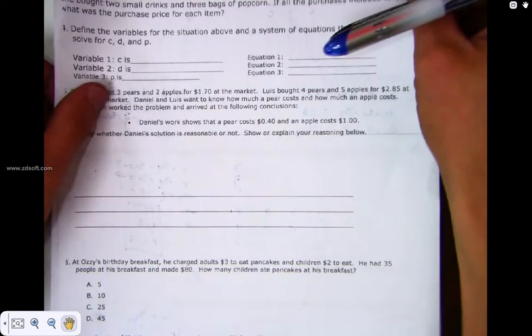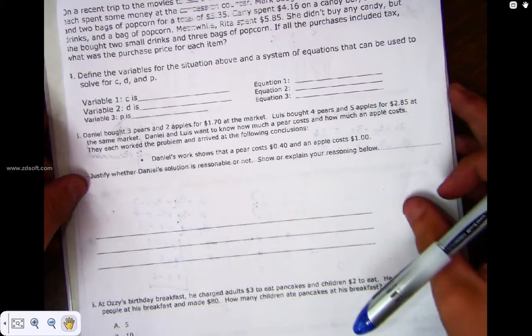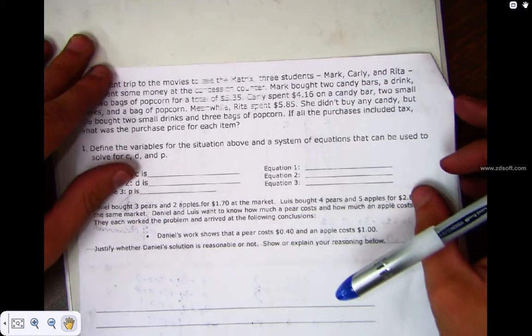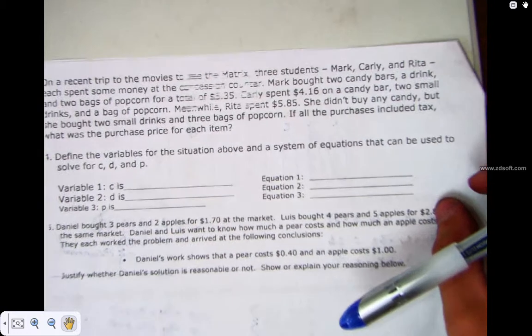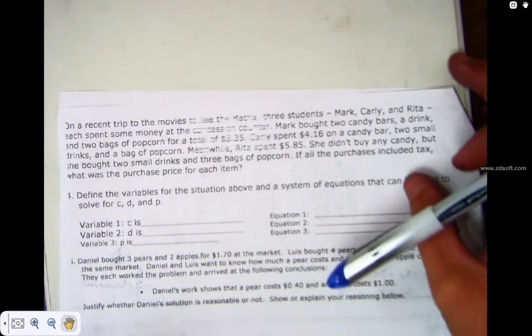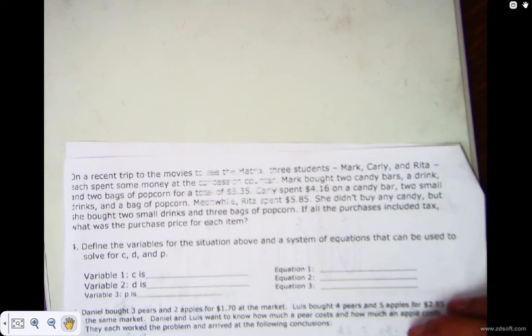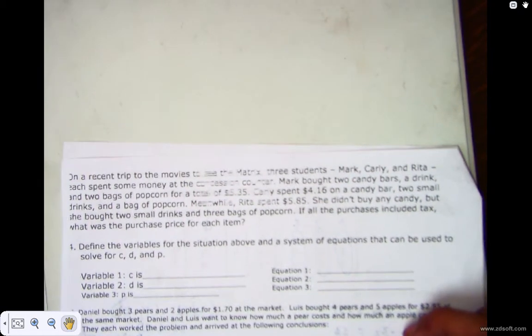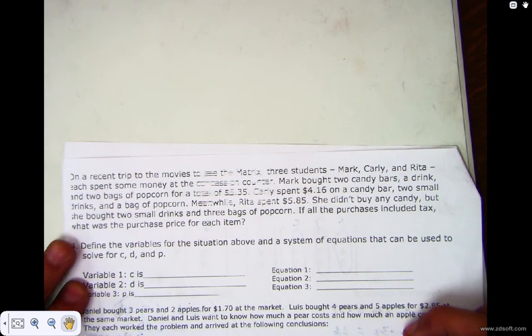Alright, let's see. So on this one, we have a smudged work problem.